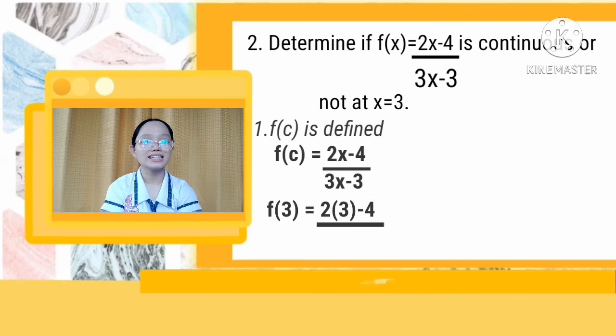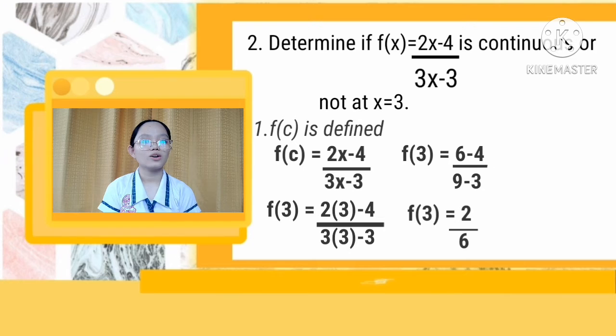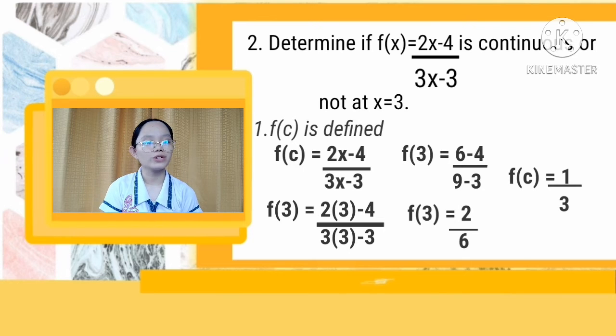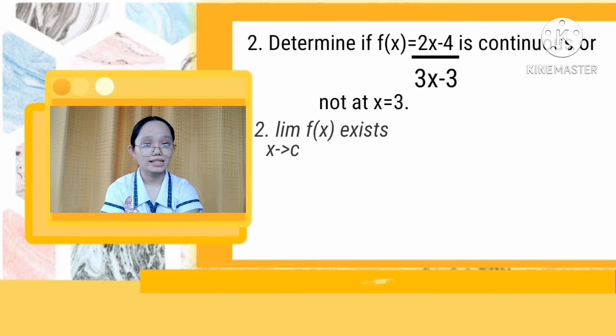F of 3 is equal to 2 times 3 minus 4 over 3 times 3 minus 3, equal to 6 minus 4 over 9 minus 3, equal to 2 over 6 or 1 over 3.